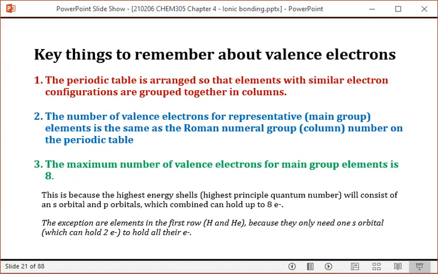So they could have up to 2 valence electrons. All the other elements can have up to 8 because their highest principal quantum number shells will always be able to hold up to 8 electrons. And again, there are some exceptions in the transition metals due to some unique filling orders. But for all the main group elements, the max number is 8.